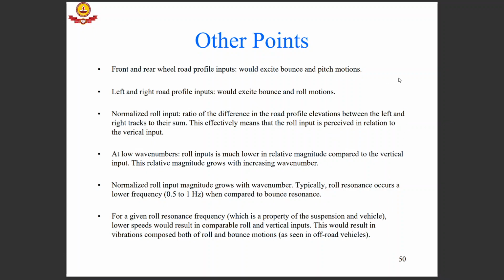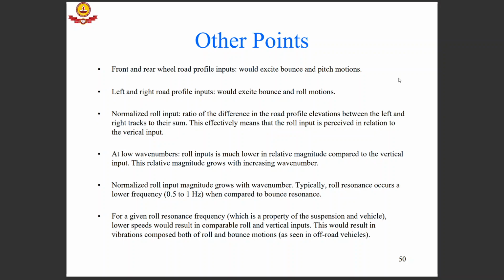Other points to look for is that front and rear wheel road profile input would excite a bounce and pitch motion. For example, if front wheel goes onto a road bump, then the rear would follow the same. This would result in excitation of a pitching motion.